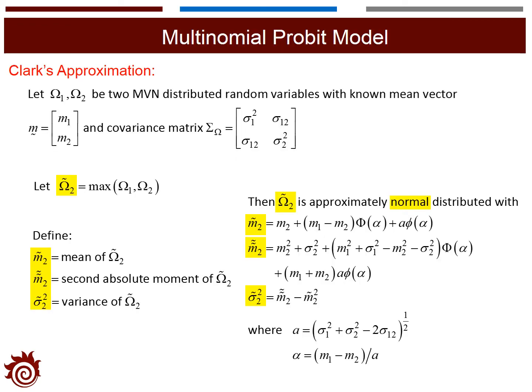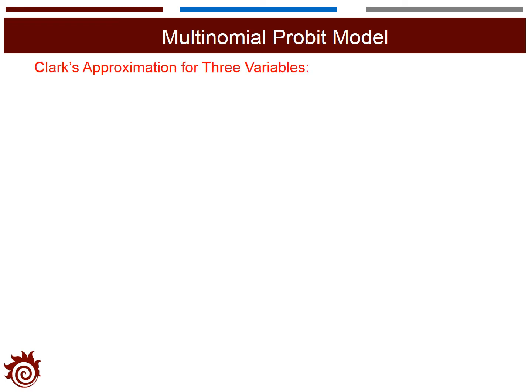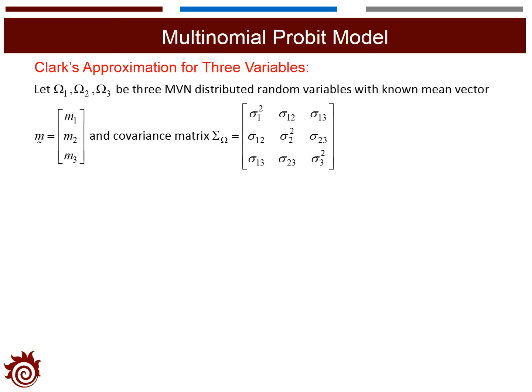Clark's approximation tells how to find out the maximization of two multivariate normally distributed random variables. Actually, this approximation can be extended to more variables. Here, let's see how the approximation can be extended to 3 variables. Assume that omega 1, omega 2, omega 3 are 3 multivariate normally distributed random variables.